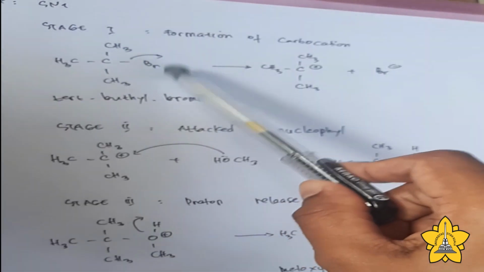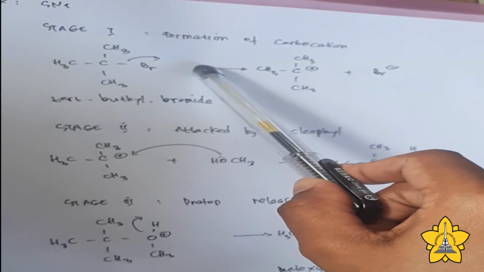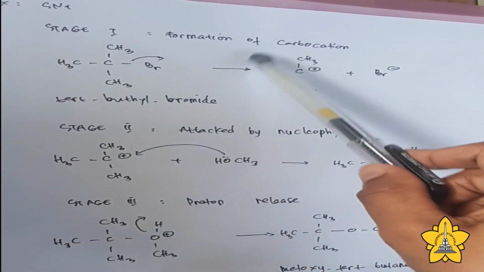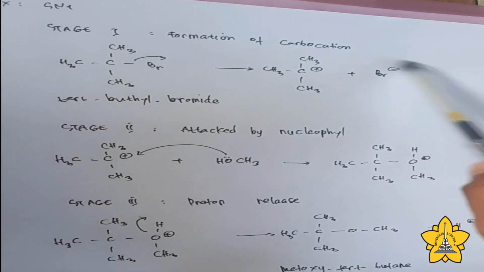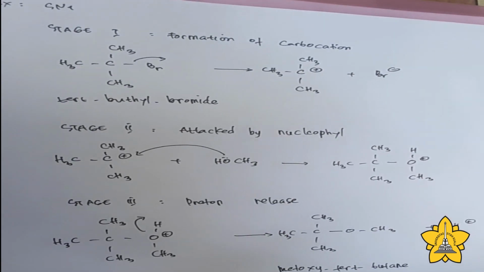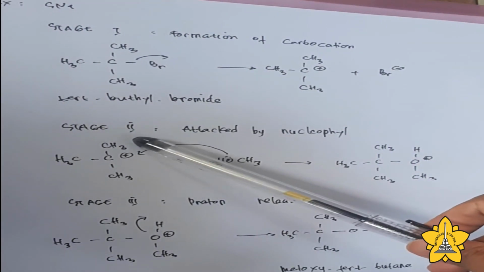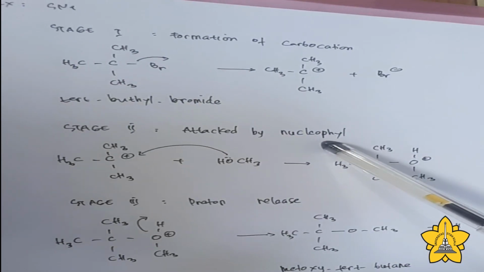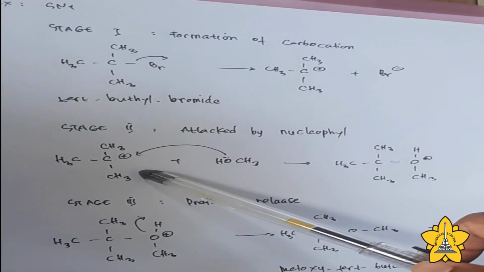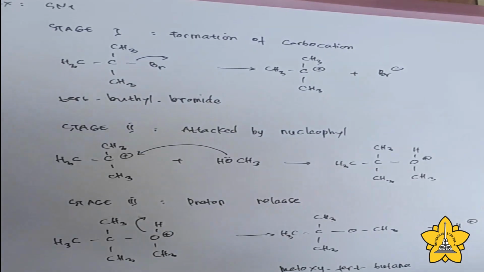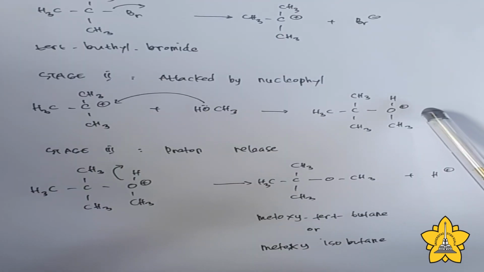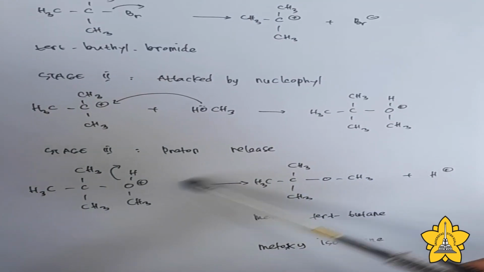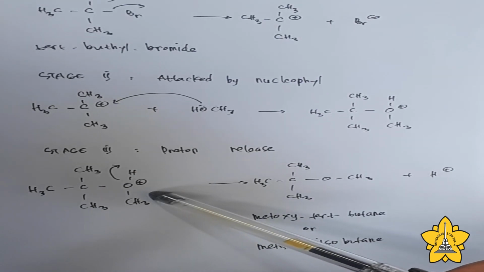So when we release this substituent, it will form the carbocation and another substituent. And at the second step, the nucleophile comes to attack this carbocation, but the proton remains, which is also bound to this nucleophile.